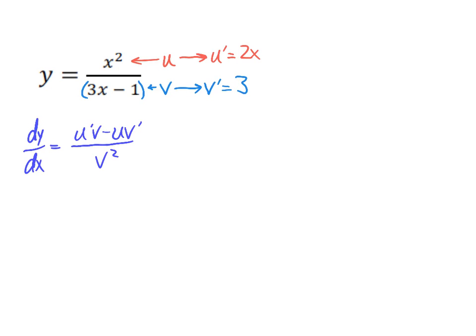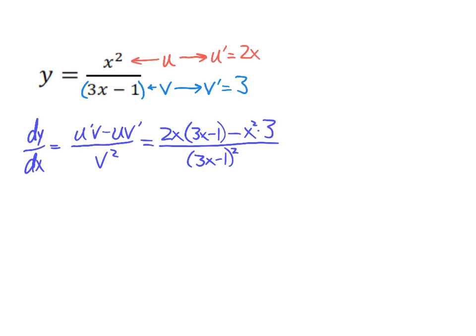So u prime we found was 2x, times v, which is 3x minus 1, minus u times v prime, so x squared times 3. That's all over 3x minus 1 squared.